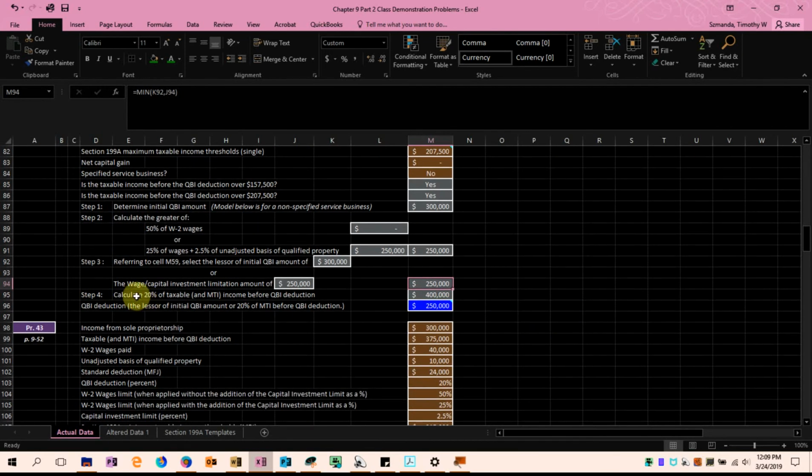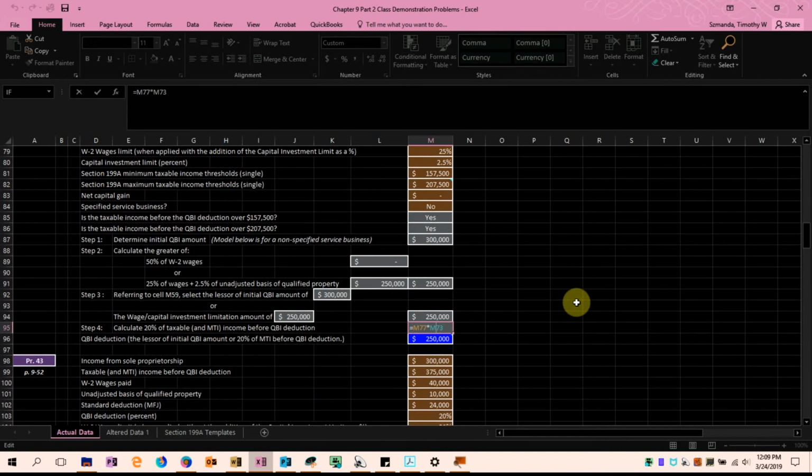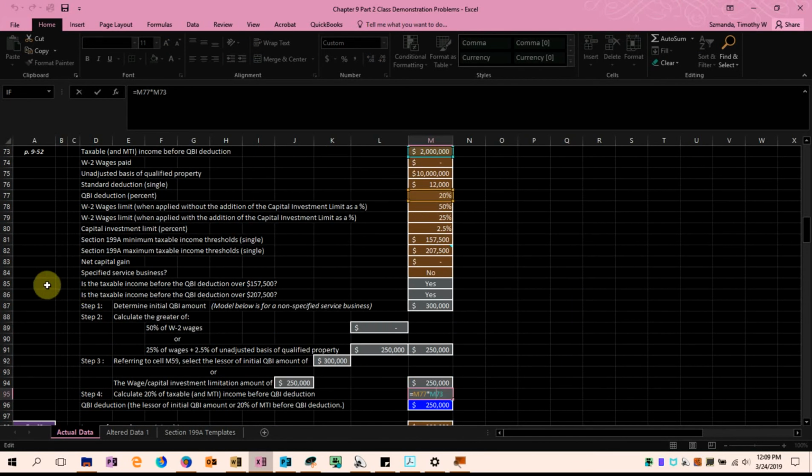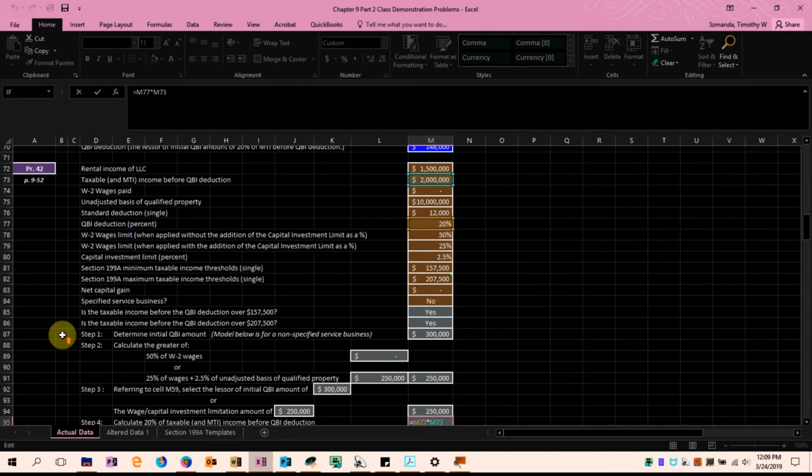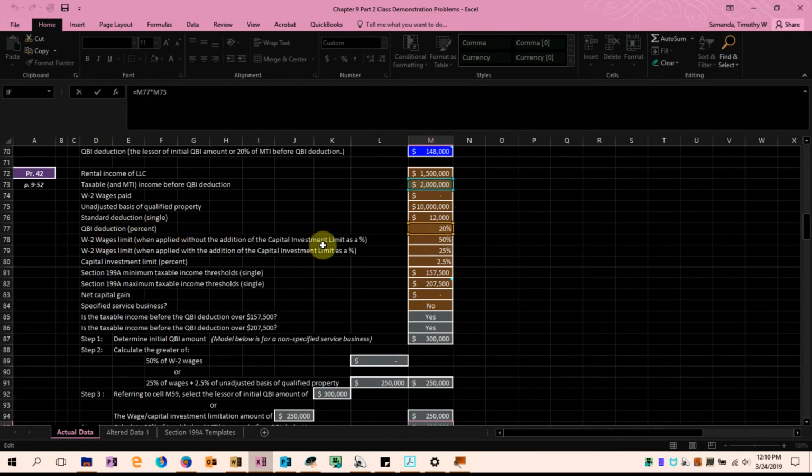So now in step 4, I calculated the 20% of the modified taxable income before the QBI deduction, and that's going to be $400,000. And that calculation is going to be the QBI percent of 20% times the taxable income, which they gave us, the modified taxable income of $2 million.